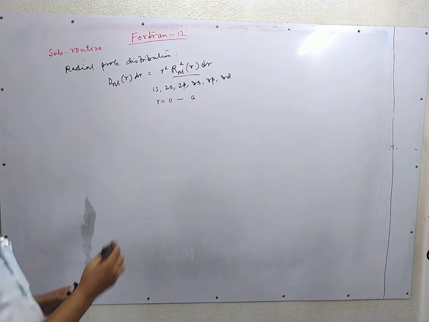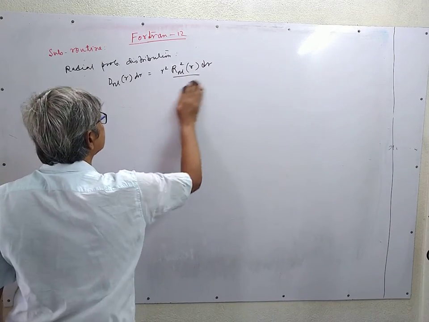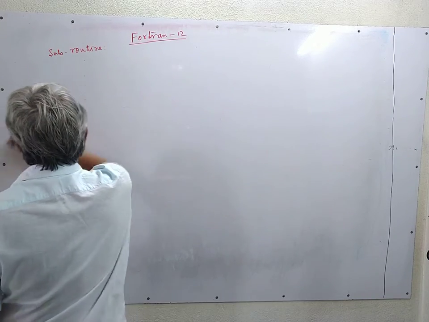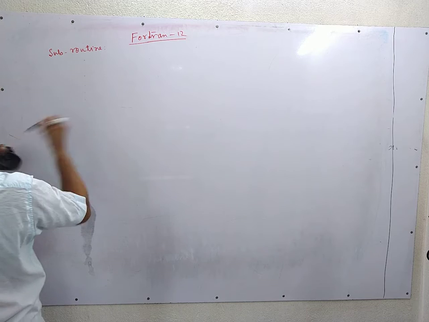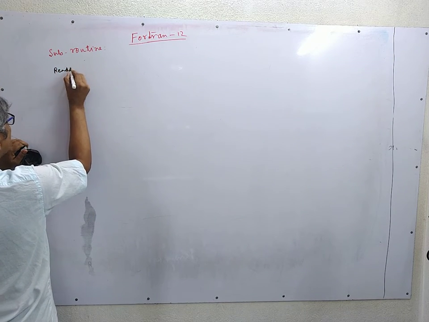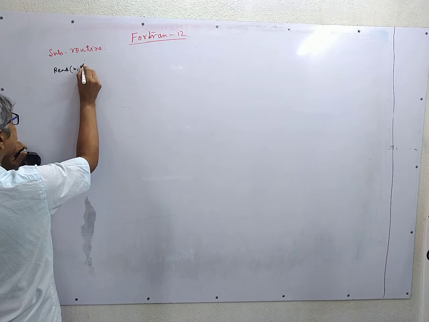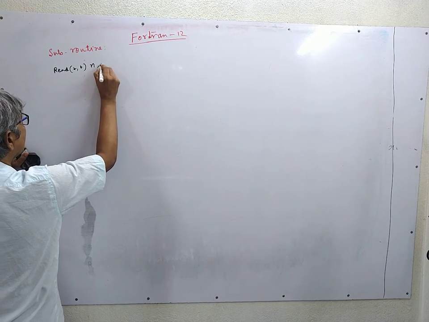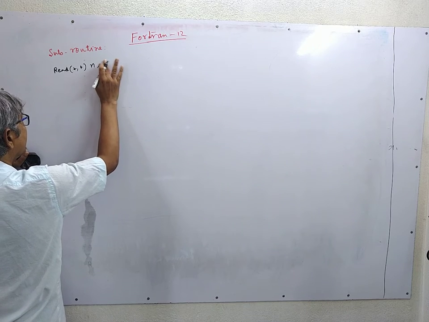We define this, so read star comma star, n and a.